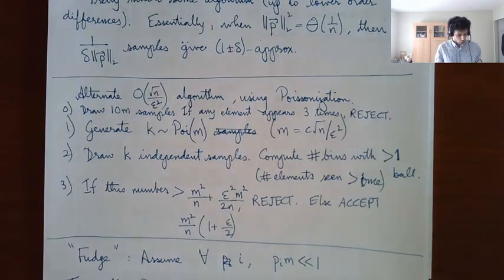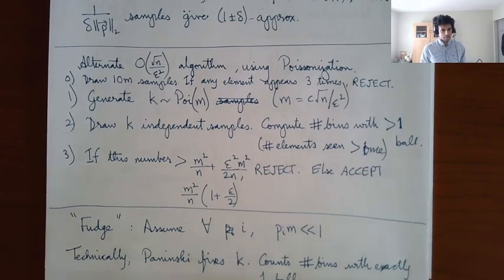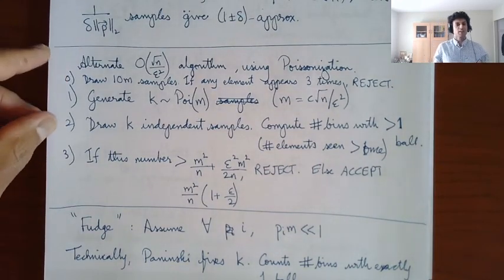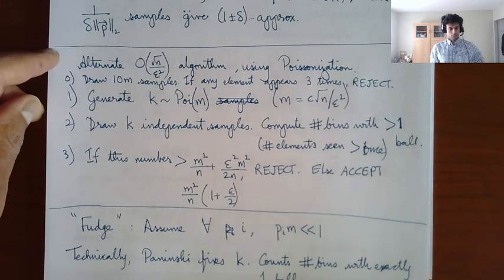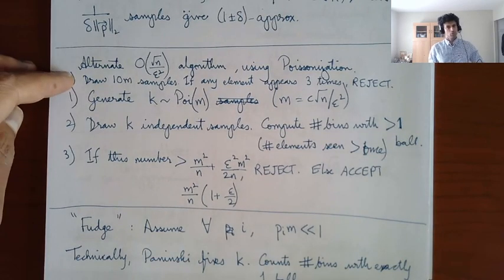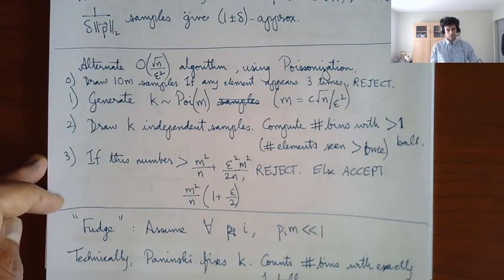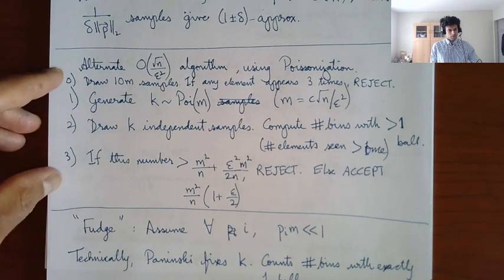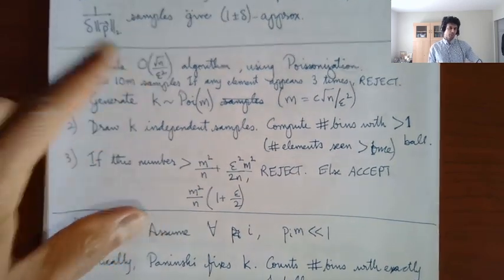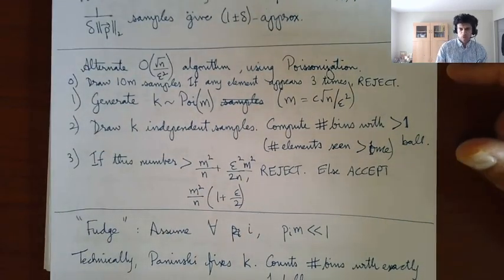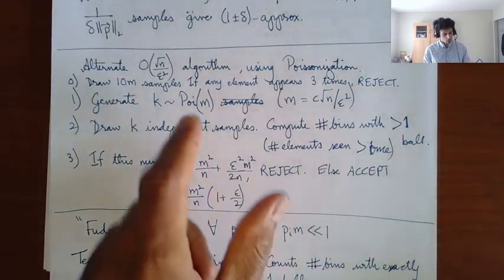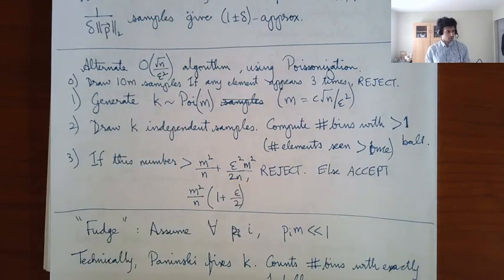So with this step, we can take care of this fudge. This is not as elegant an algorithm because of this step. You can get rid of this step, but you would have to do a more careful analysis. But it does show how you can get root n over epsilon square with a small trick, and using Poissonization, the analysis becomes really simple.